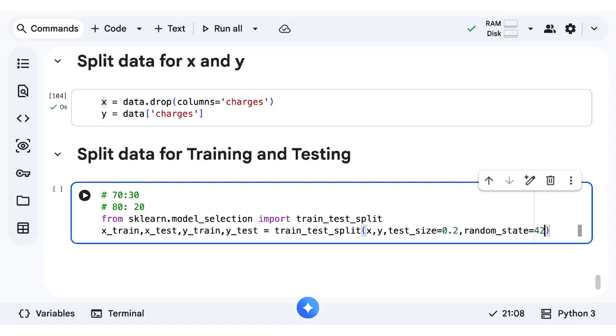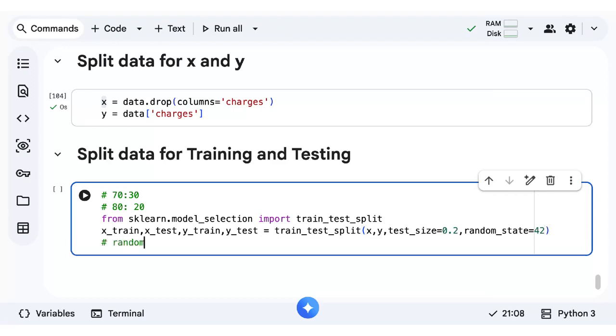Otherwise every time your model will deviate. So let's control the randomness. I'm using random state. Usually people use 42. That's a standard value that has been used. No logic, it's just a commonly used number. You can use different integers as well, but that's the traditional number which everybody uses to control the randomness. Randomness in the sense that every time the sample should remain the same. It should not change.